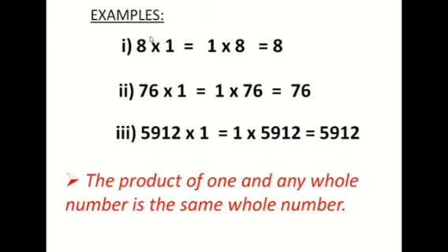So we have taken 8, 76, 5912. But we have multiplied with 1 and the product is coming back the same whole number. Yes. And this property is known as multiplicative property of 1.